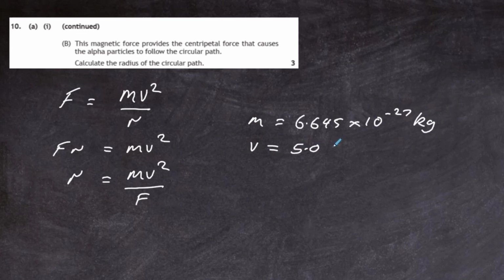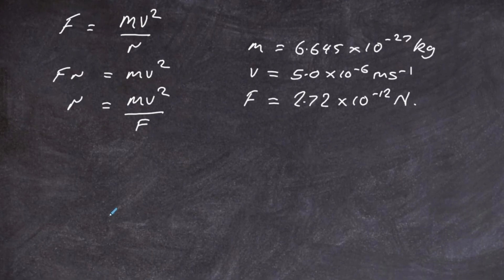It's 5.0 times 10 to the power 6 meters per second. And the other thing we know is the force, which we calculated in the previous question. The force came out to be 2.72 times 10 to the minus 12, and that's going to be newtons for the force. So that's us got all our data, so we can plug that into our equation.